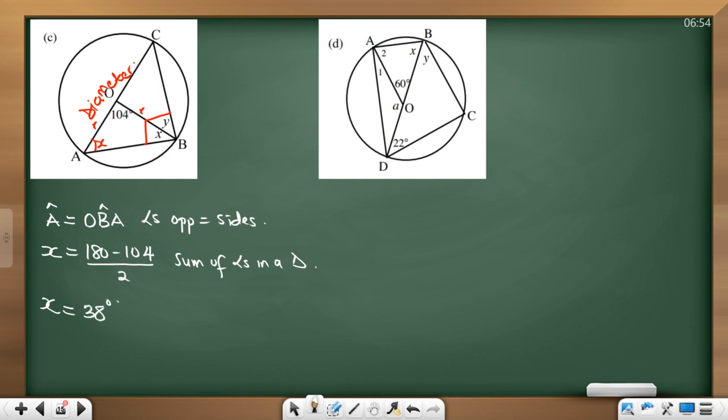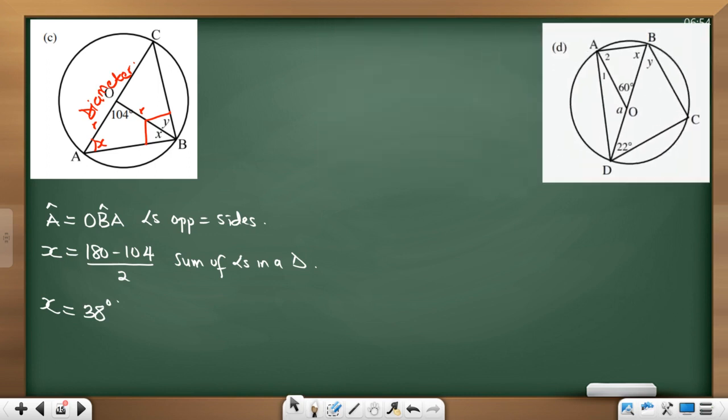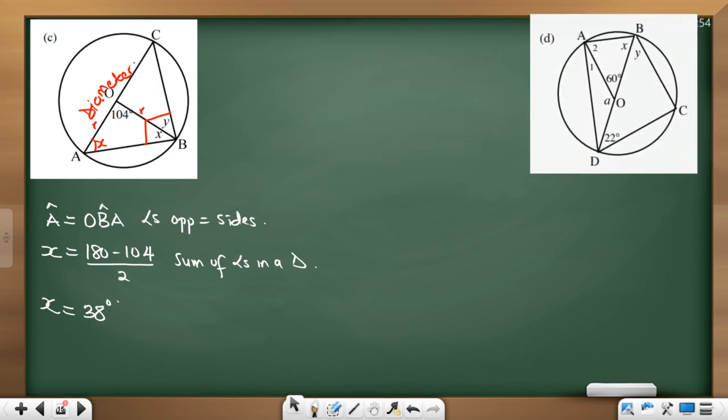But remember, there's still a y that we have to get. How do we get our y? X plus y is actually 90, if you remember our first theorem, lesson 1. So, x plus y equals 90 degrees. What's the reason? Angle in a semicircle.